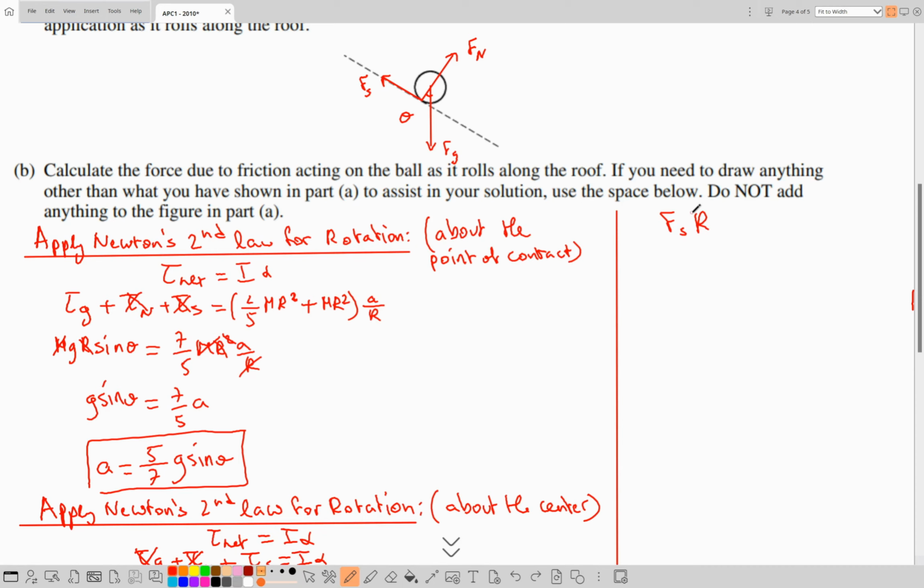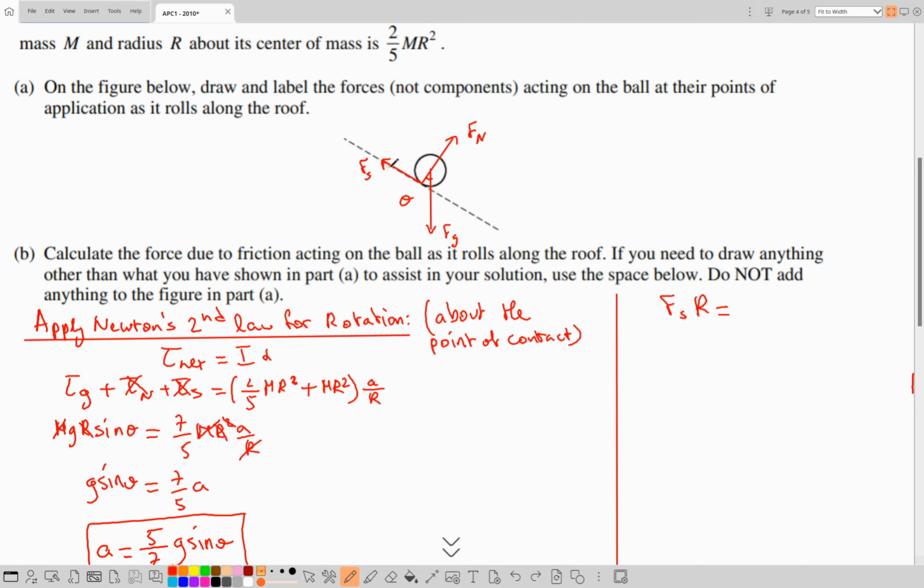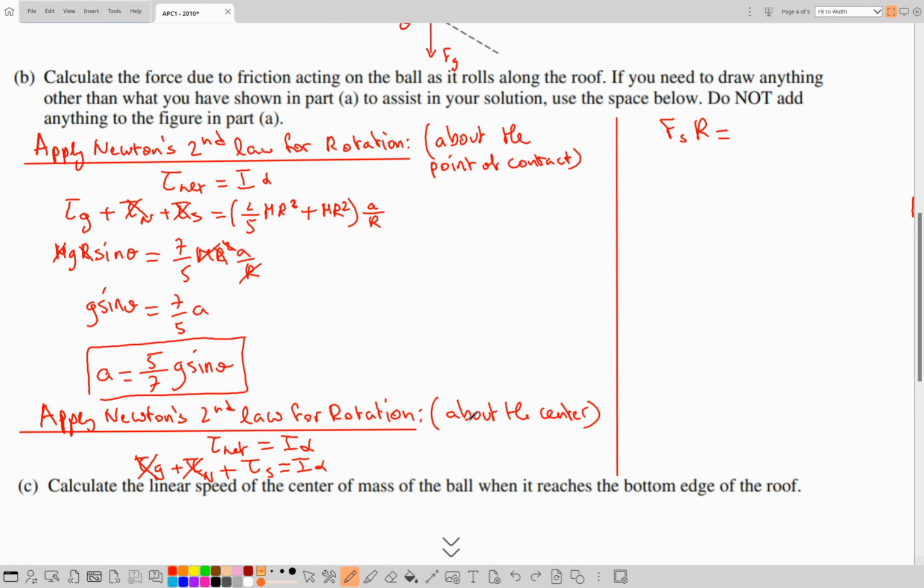No need to multiply by cosine or sine since it's being applied tangentially. That would equal I. So what is the moment of inertia here? We're talking about the center according to our choice here. So it's just 2 over 5 mr square multiplied by alpha, which is basically a over r. Now r with r would cancel. Then the static friction in this case is given by 2 over 5 m multiplied by a.